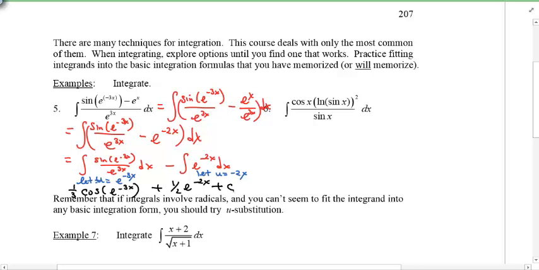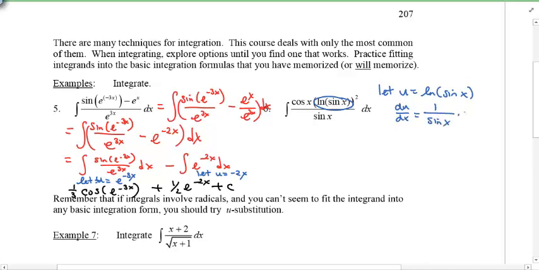Okay? Now for number 6, with all this cosine and sine and business like this, I suggest you make a u substitution as well. I would suggest in this case this ugly part here with the square, taking all of that as u. So du dx is just the derivative of natural log, which is 1 over sine x.